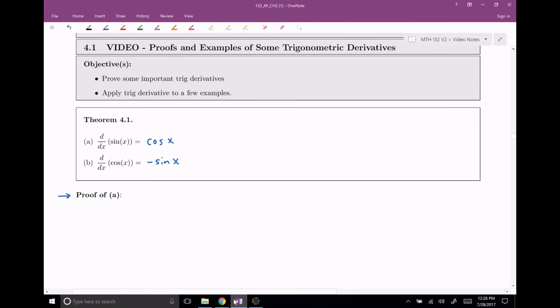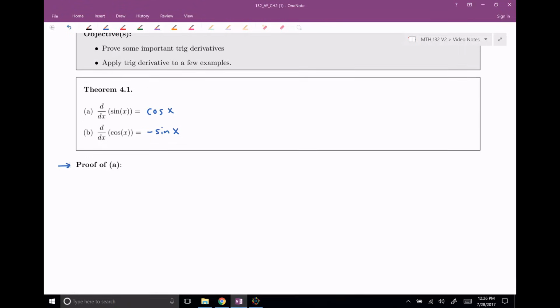I'm going to formally prove it, but in order to prove this, I need to remember a trigonometric fact. Recall, I need to know the angle addition formula for sine. So sine of A plus B. If I add these two angles, A and B, together, can I calculate the sine value of this?